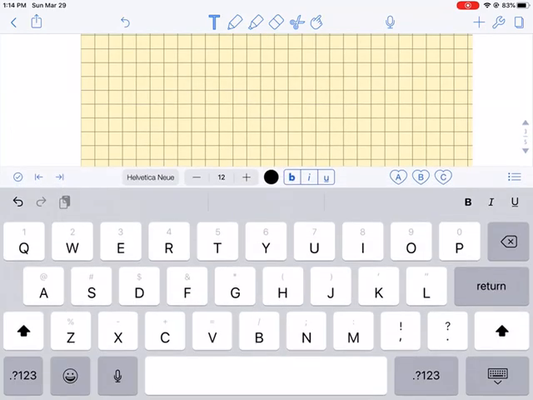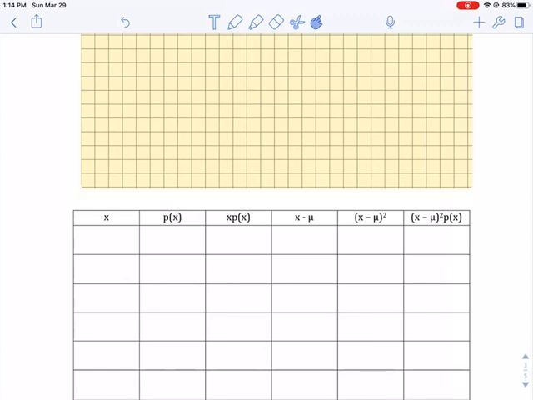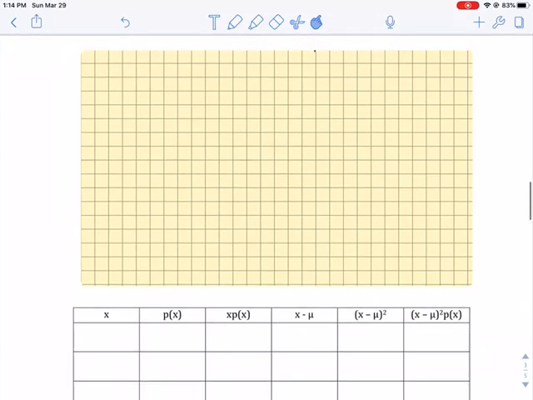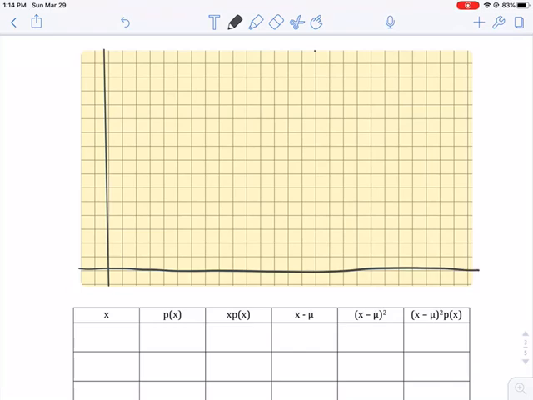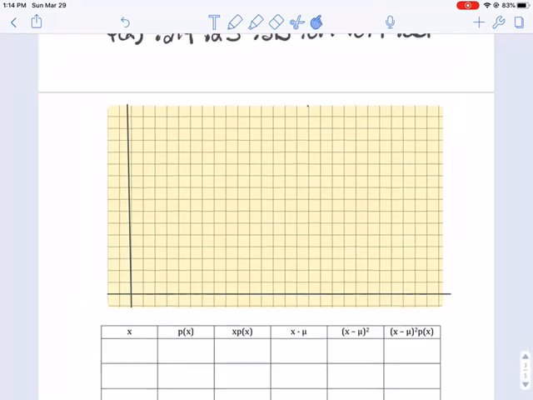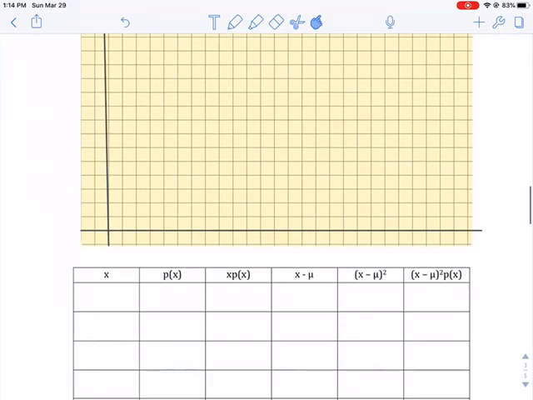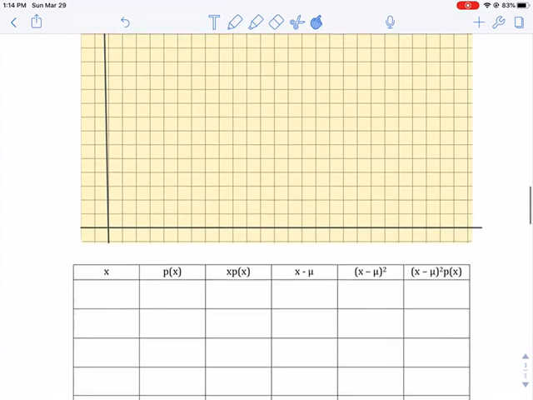Remember that going across is going to be your random variable, and vertically is your P of X. So our random variable is across the bottom. Our random variable is 0 through 5. I think we can make it wider if you choose to do so.